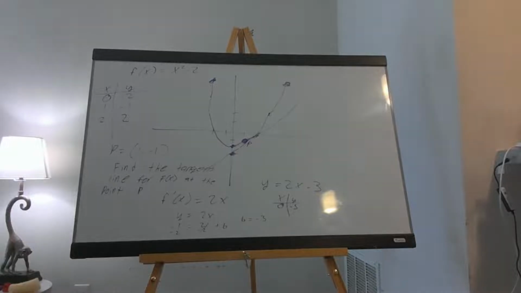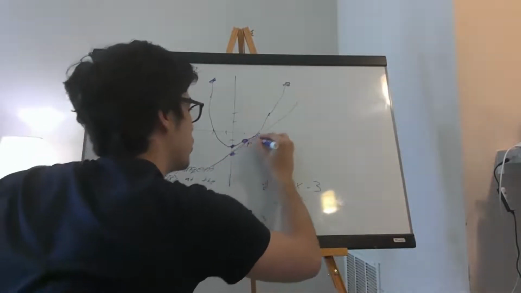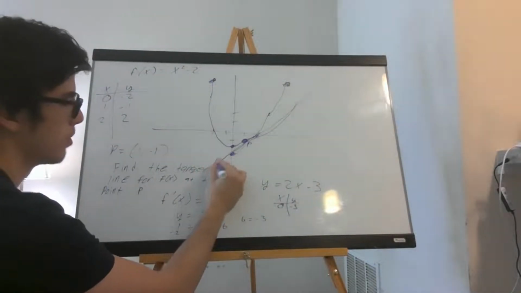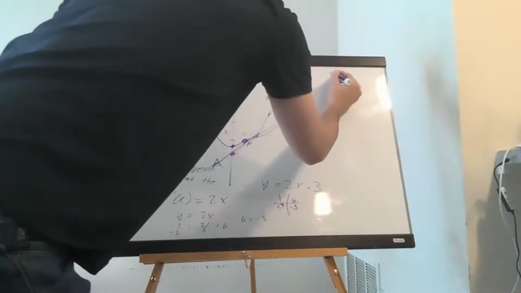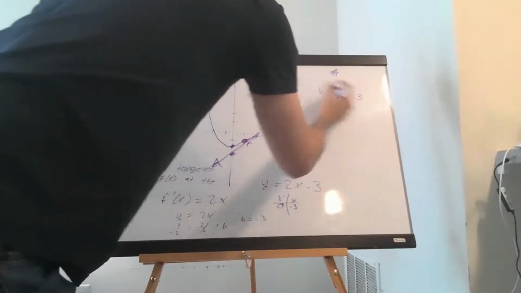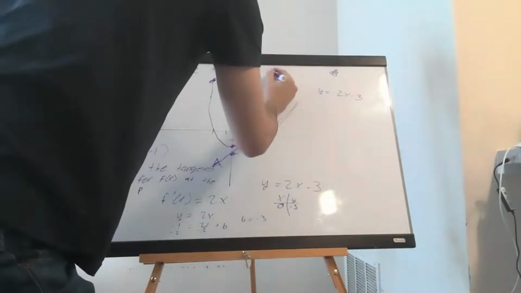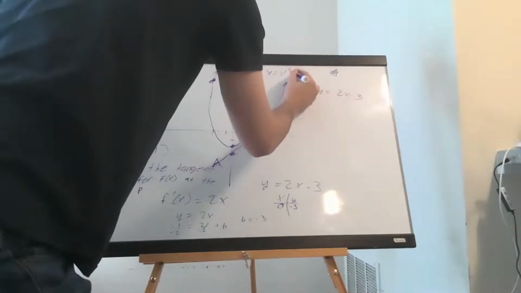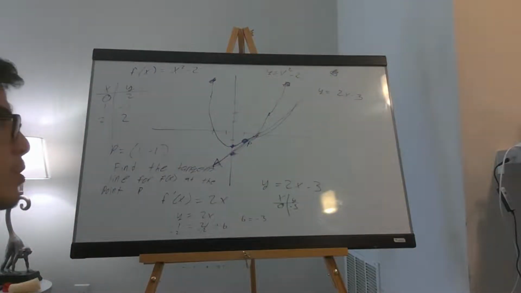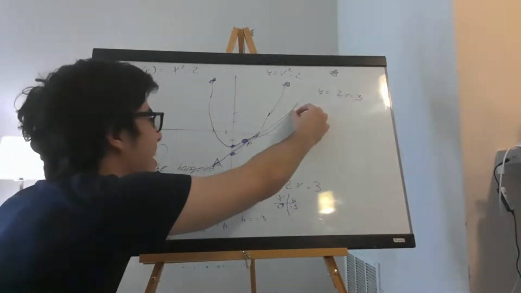If I could draw a straight line, you would realize that this right here is the slope for the point. This is for y = 2x - 3. This is for y = x squared minus 2. Sorry, that's a really bad drawing.